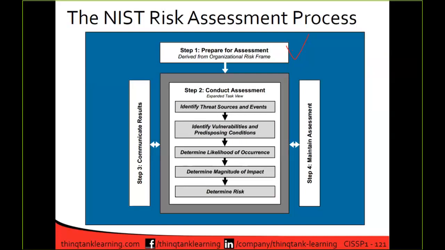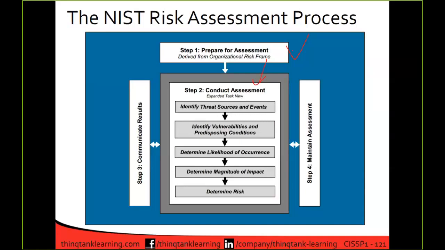And what might be qualified or quantified as a risk in one organization doesn't necessarily apply to another organization. So you need to define those variables for your specific organization before you start to go through the process of conducting the assessment. All right? Once you've identified those variables, then you can move into conducting the assessment.